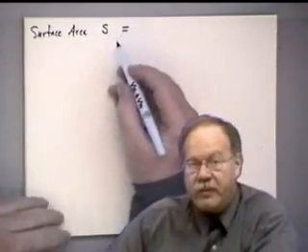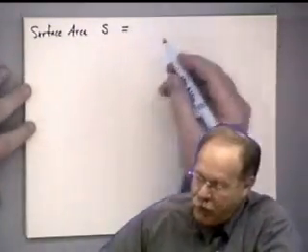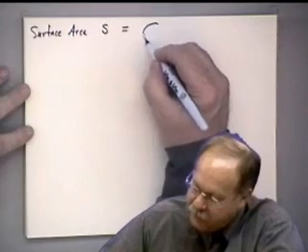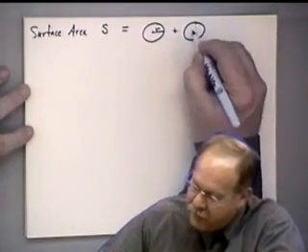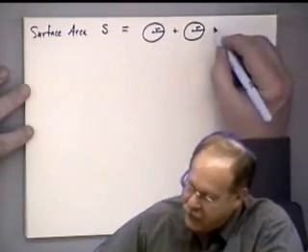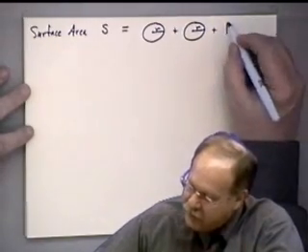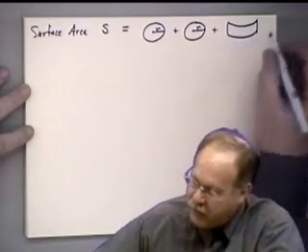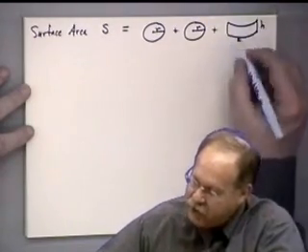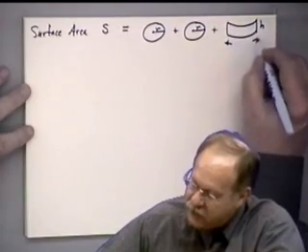And we need to come up with a formula for the surface area. Well, first let's draw a picture so we see what we're doing. We have a top. We have a bottom. Both of these are circles. And we have the part that goes around. So maybe I could draw it like this, just to give you the sense that we're talking about the part that goes around. That part has a height of h, and what is the distance around?